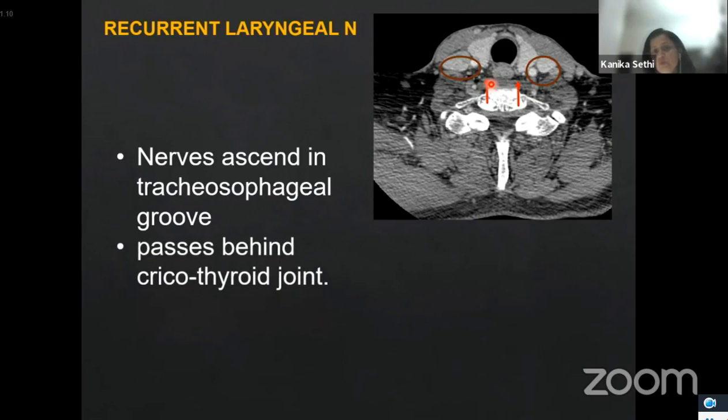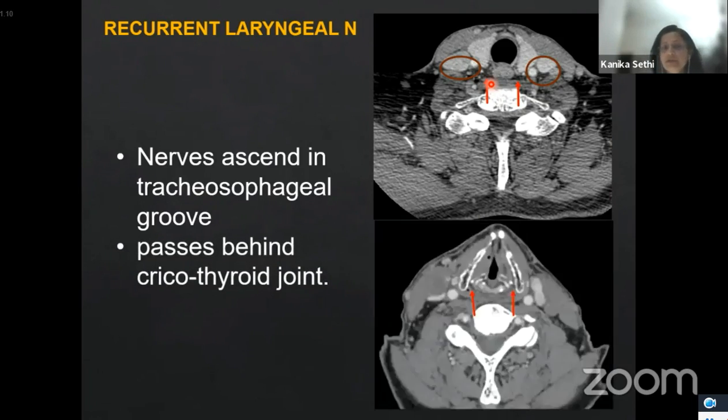Then going more superiorly, they pass behind the cricothyroid joint, and then they supply the larynx. So all the intrinsic muscles of the larynx are supplied by the recurrent laryngeal nerve, except for the cricothyroid, which, as I told you before, is supplied by the superior laryngeal nerve.